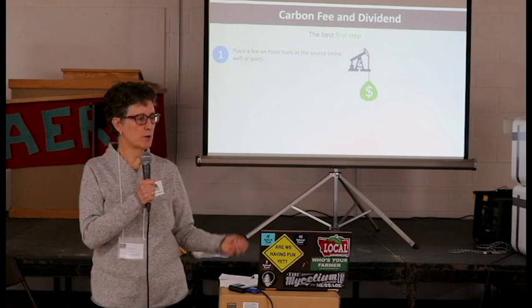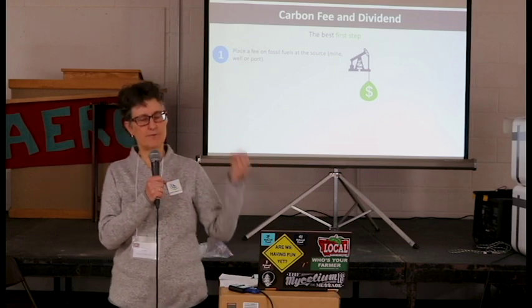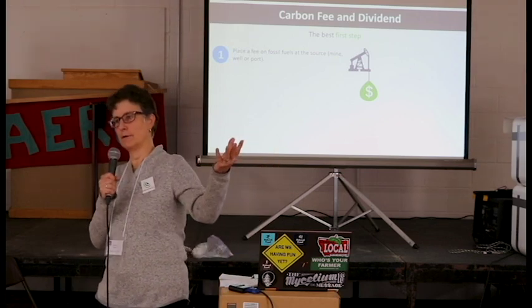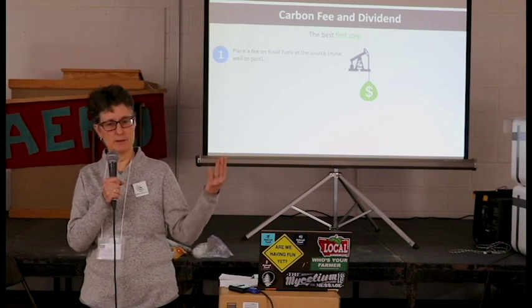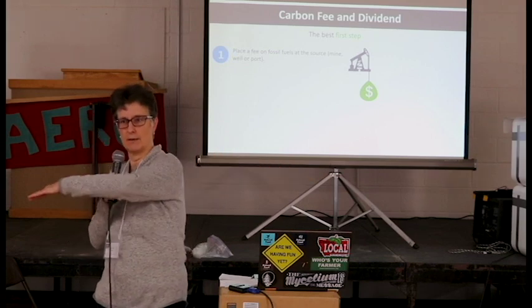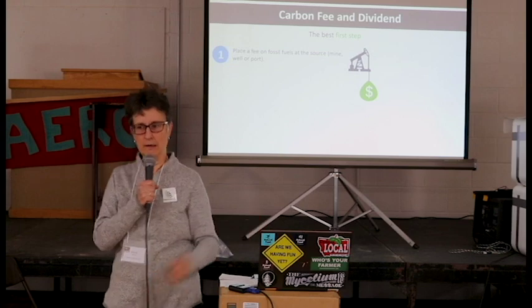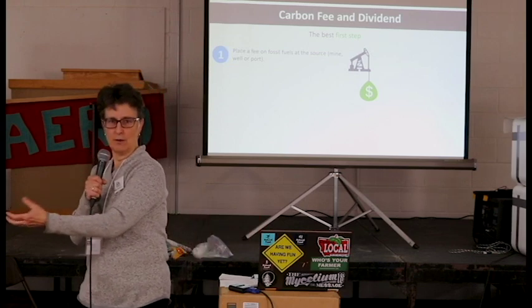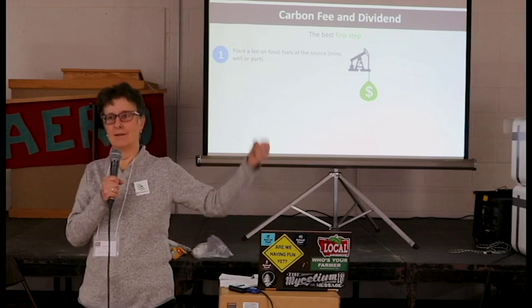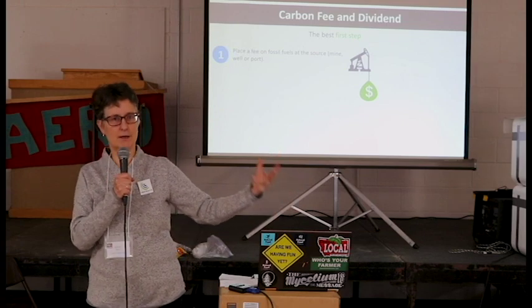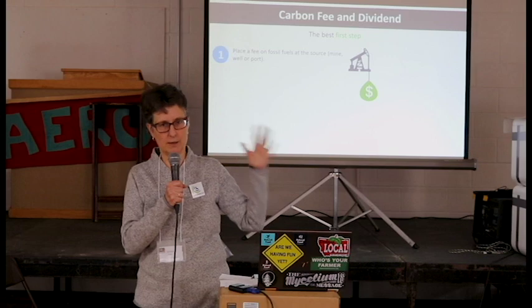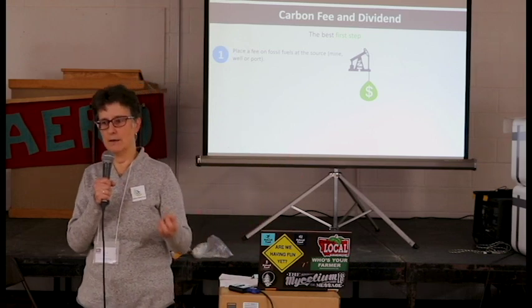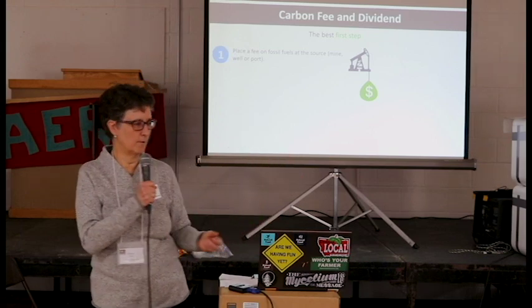So one place you can put it in is at the very beginning when it comes out of the ground. And you'll make it more expensive there, and then it'll get passed down to everything. Or you could put it on the piece of gum and the carbon content of the piece of gum. So which one's easier? When it comes out of the ground, you're going to hit everything. You don't have to figure a lot out. It's just based on the carbon content of the fuel.